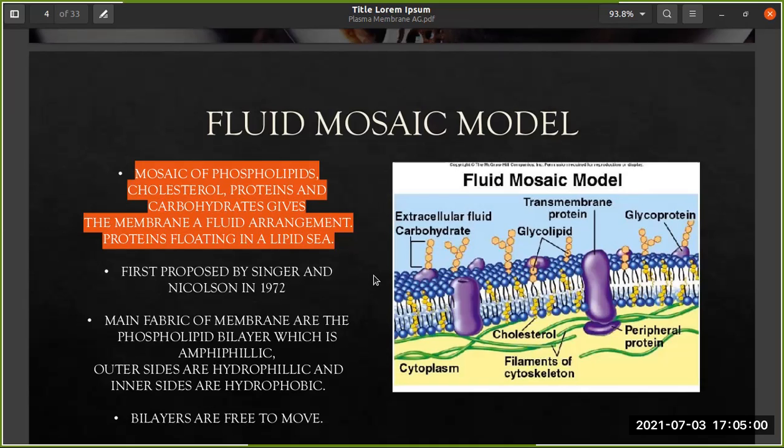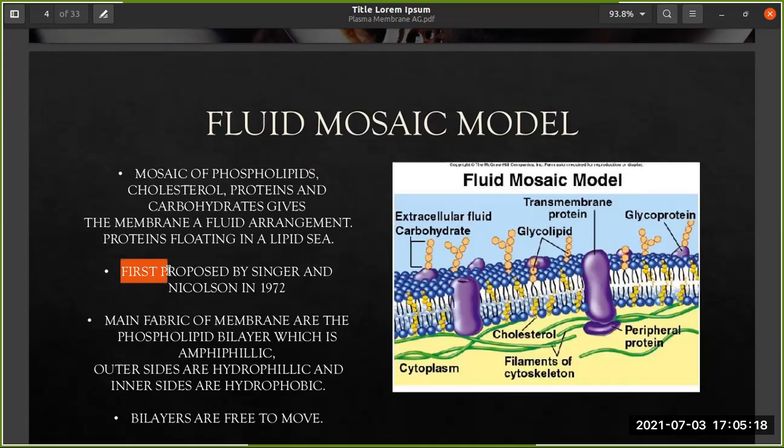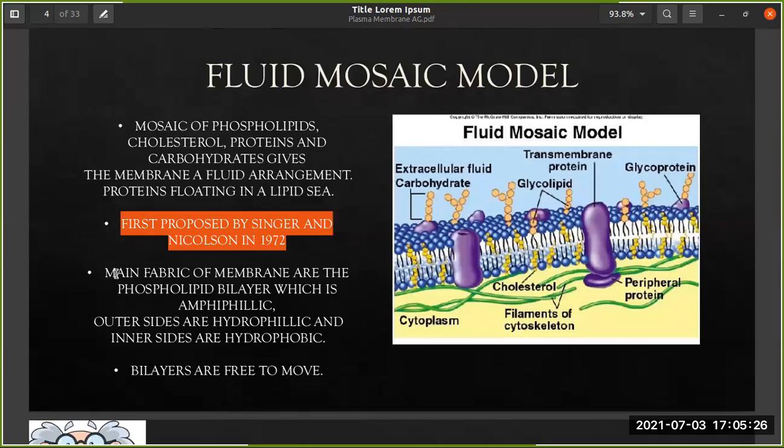You can call it proteins floating in a sea of lipids. Proteins floating in a sea of lipids. It was first proposed by Singer and Nicolson in 1972. It is the main fabric of the membrane.